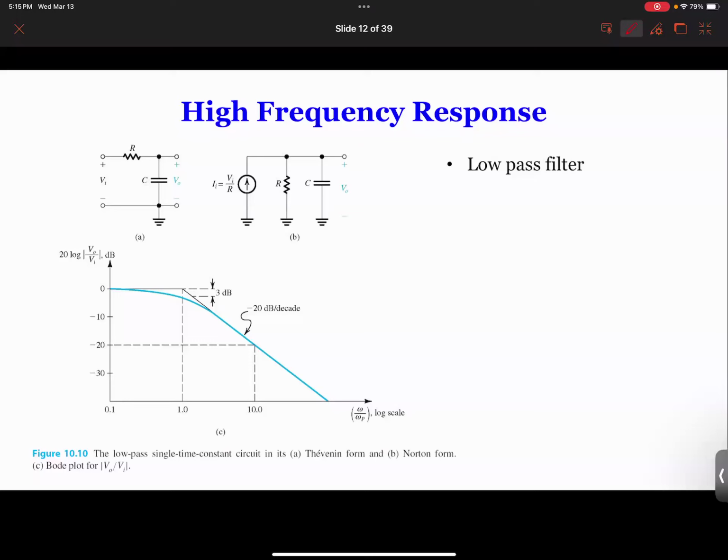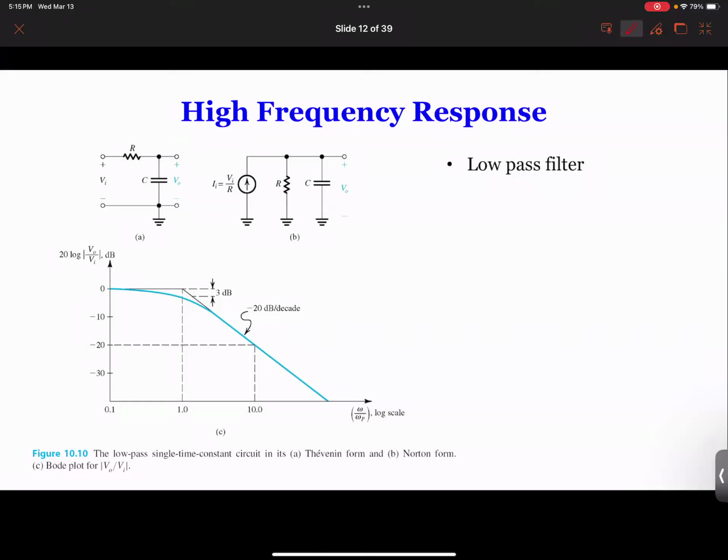Below there, your amplification becomes almost constant, and it's closer and closer to a constant as the frequency gets lower. But at this point, the gain drops by 3 dB. If you take 20 log of that gain, you get a drop of 3 dB. And this 3 dB point, we call the bridge frequency. And then the gain will attenuate 20 dB every decade for this particular application.